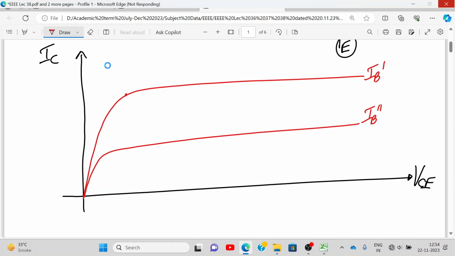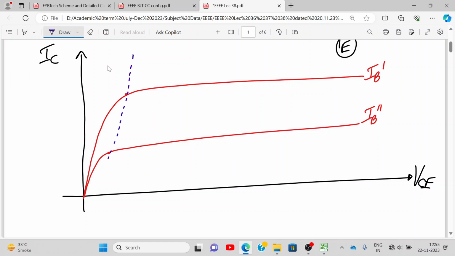I'm explaining why we require biasing and what is Q point in one go. Can you see this blue color dotted curve? The left hand side of this blue dotted curve, I am calling it region number 1, and region 1 is the saturation region.